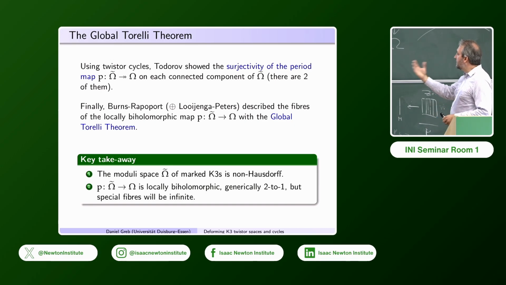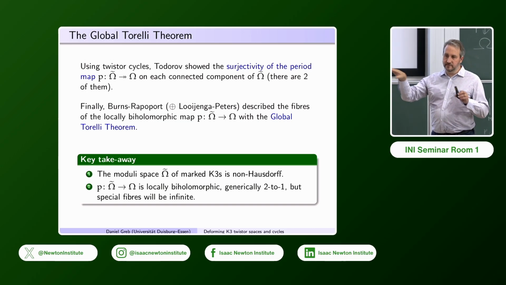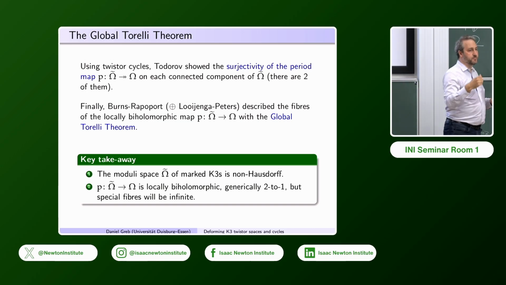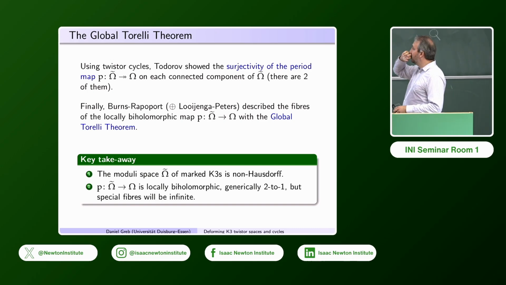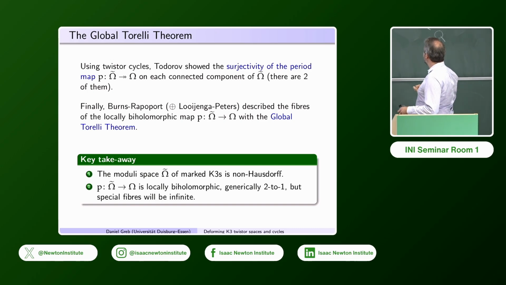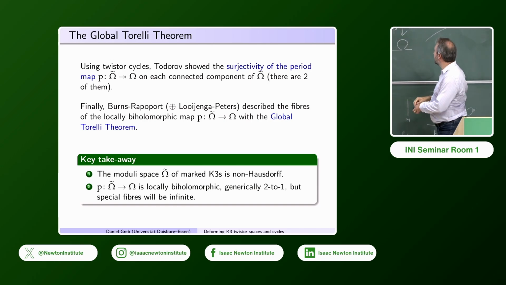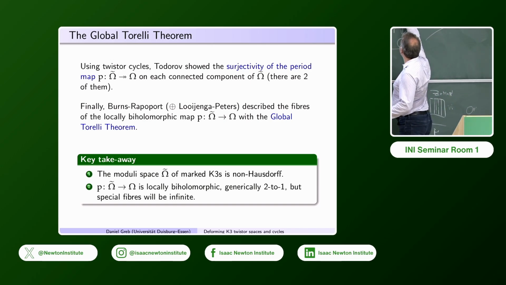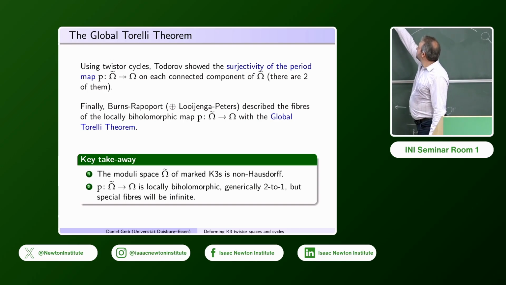Now you remember that in the beginning, I wanted a space where each point corresponds to a biholomorphism class of K3 surface. So what does this Burns-Rapoport theorem tell you? Well, here are pairs (X, φ). So a point here is a K3 surface with a marking, but somehow the fibers of this map just have to do with the marking.